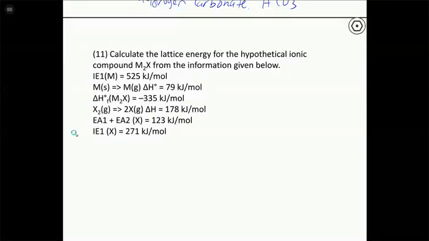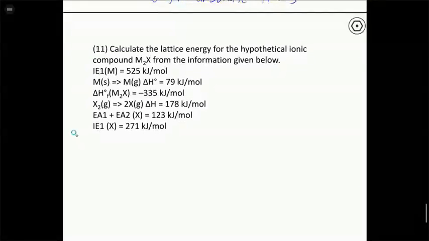Now, what I think is helpful, I went through the cycle in class, the Born-Haber cycle, where we start and end at the ionic compound, consider all the individual steps. It's helpful for you to know that, to understand it. There is an equation we can use, though, that is also going to work just about every time.